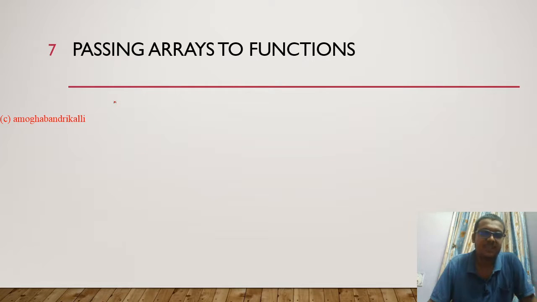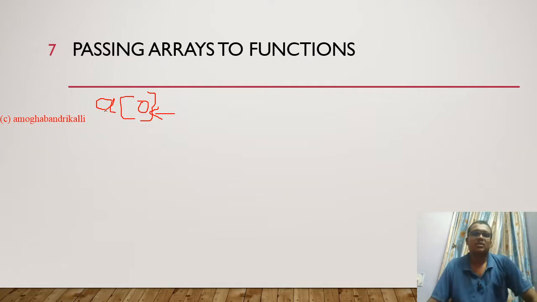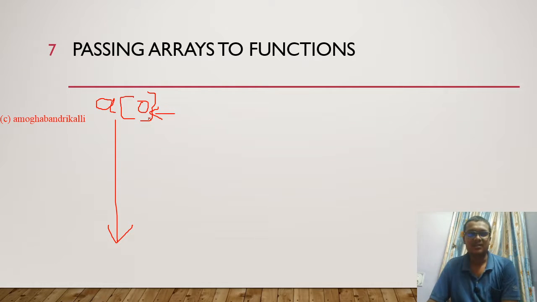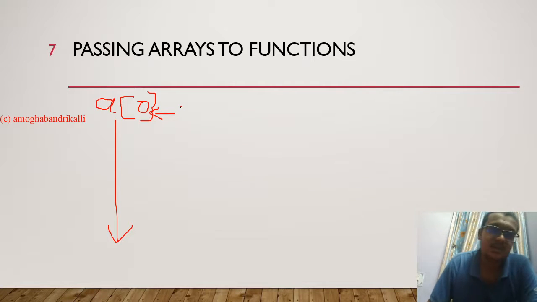For passing our array to the functions, the first thing is the array's first address, a of 0, which will be pushed to the function. An array means consecutive memory. If the first address is obtained, you will get the rest of the addresses. So the most important thing is that the memory address of the first element is going to be pushed. This is the first and foremost thing.